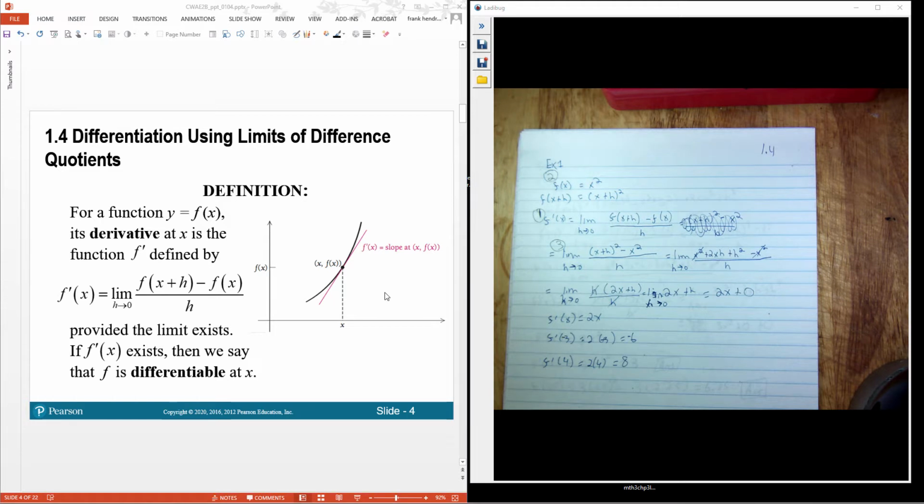Now the derivative of f is the function f prime, which is defined by f prime of x equal to the limit as h goes to 0 of f of x plus h minus f of x, divided by h, provided that the limit exists.